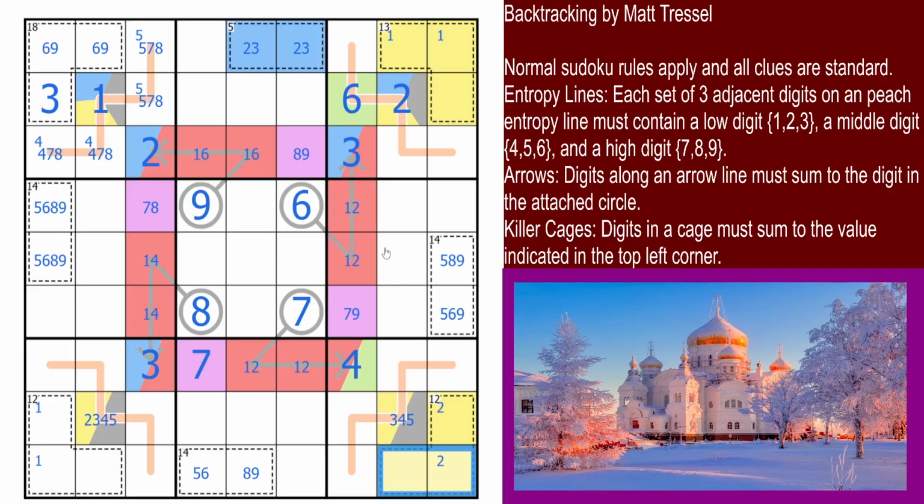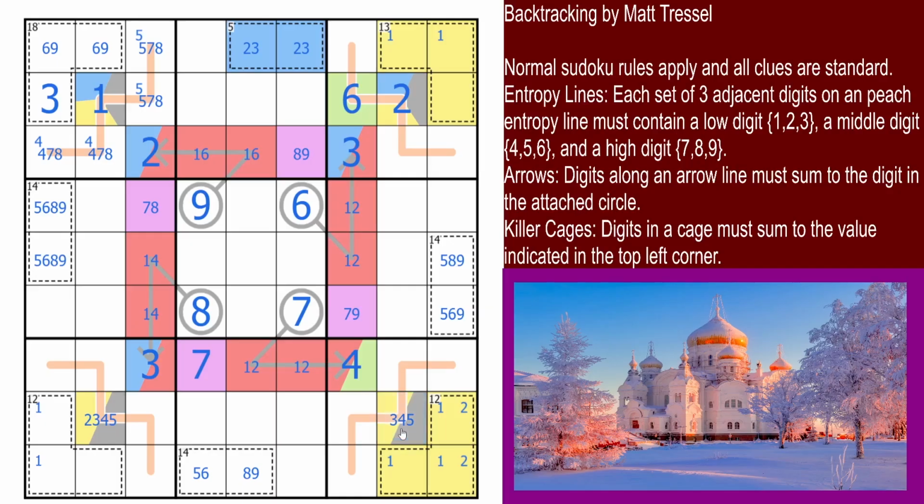I don't see why not possible. Why impossible? Where is 1? 1 is not here. 1 has to be here, right? No, because 1 is not here. That is not 1. So 1 has to be here. And why is that not 1? Wait, why is that not 1?